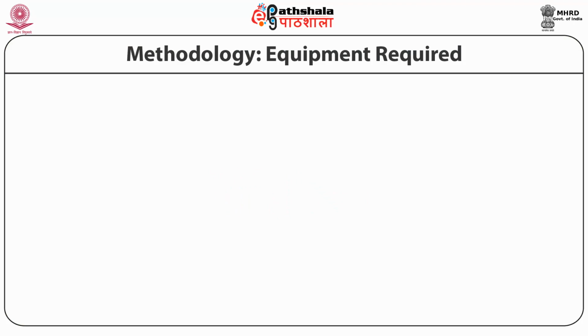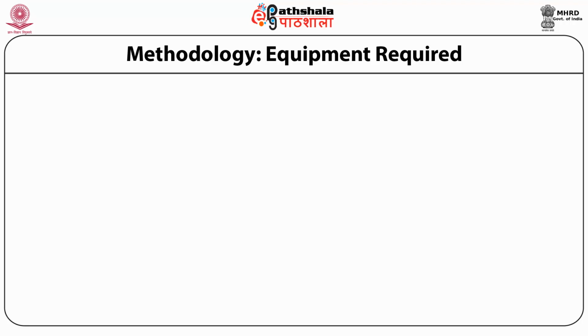Now I will be explaining how the agarose gel electrophoresis is performed and what are the applications of agarose gel electrophoresis. Now I will be explaining how the technique of agarose gel electrophoresis is performed.